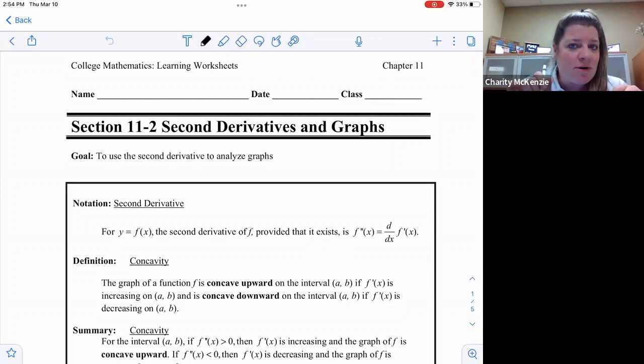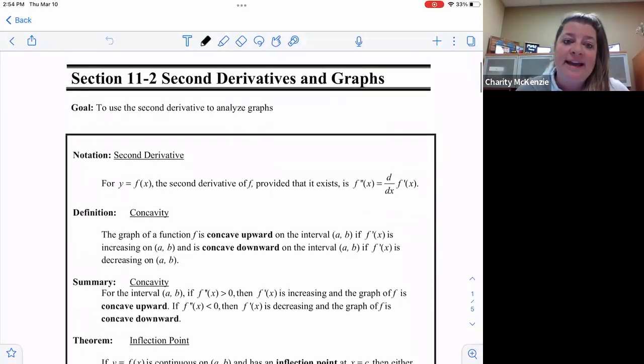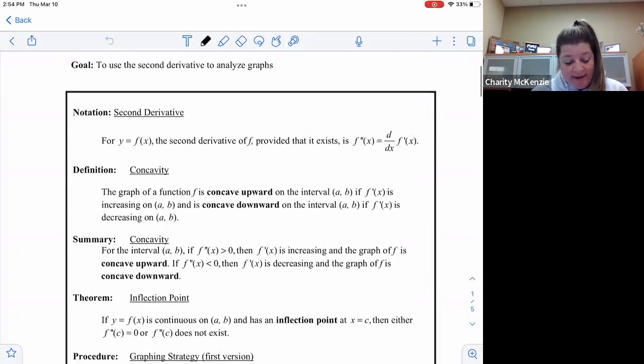Now, the second derivative will tell us whether something is concave up or concave down. So we have our definitions here. Let's add concave up, kind of looks like this, and concave down kind of looks like this. Now, it could be just a piece of that.